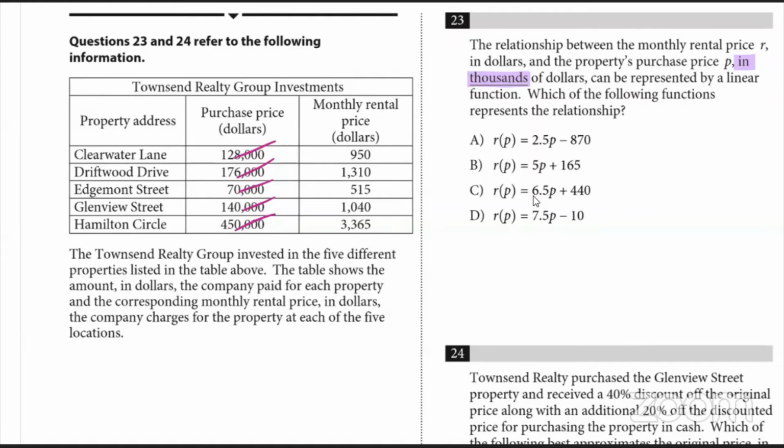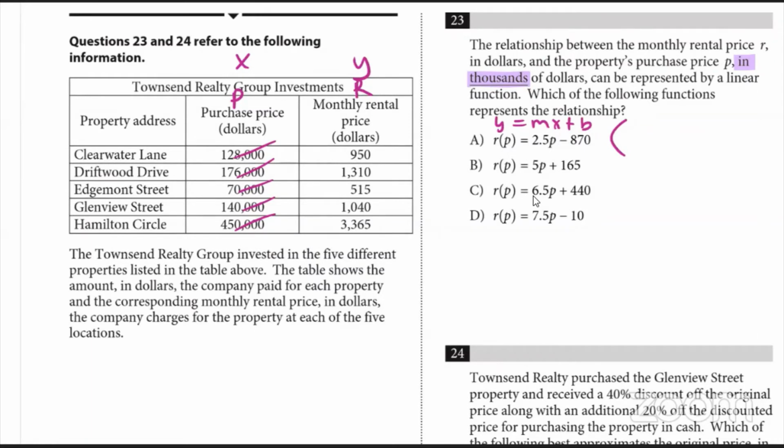So let's go ahead and just take any 2 points. So maybe when the purchase price, well, okay, just a little doubt over what's X and Y. I'm assuming this is X and this is Y, but we can know for sure because they're giving us Y equals MX plus B. So the X is the P and the Y is the R. So even though it's probably what we were going to do anyway, I'm glad that we confirmed that a little bit.